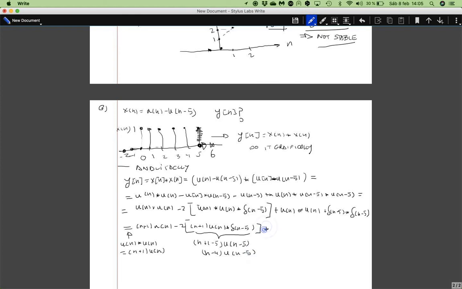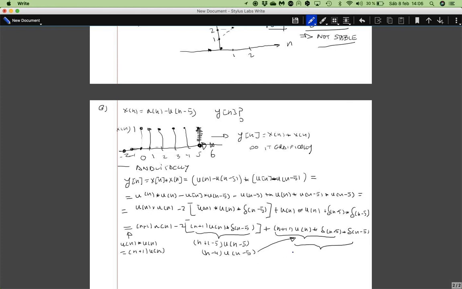Now we go for the next term. So we have u[n] convolved with u[n], so again this will be (n plus 1) u[n] convolved with delta[n minus 5] convolved with delta[n minus 5]. So basically the first term is exactly the same term that we have over here, so we can just copy this result here, and we just need to do the convolution of this with delta[n minus 5].